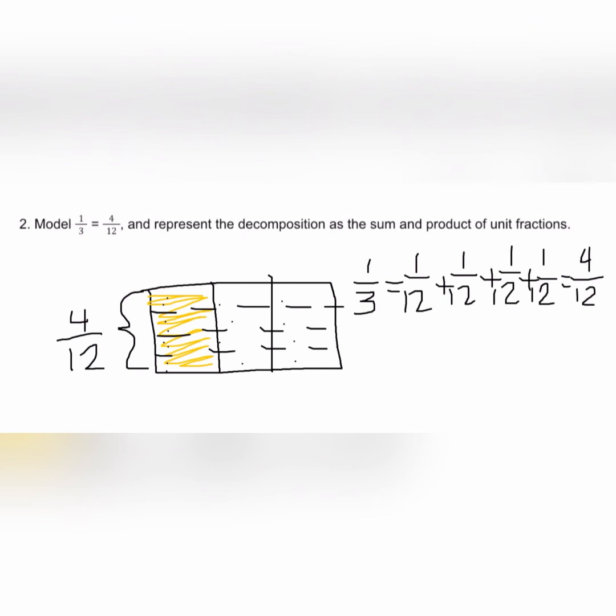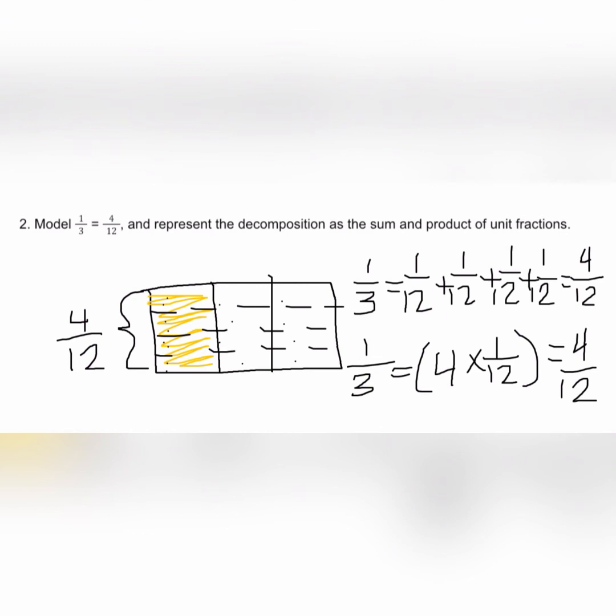Now we're going to represent the decomposition of 1/3 as a multiplication sentence. So we can write that 1/3 equals 4 times 1/12, and that gives us 4/12.